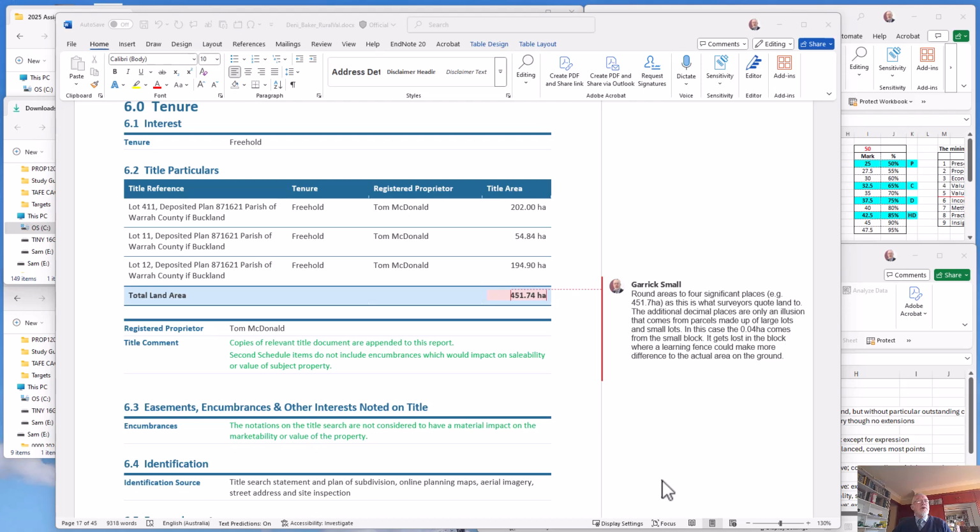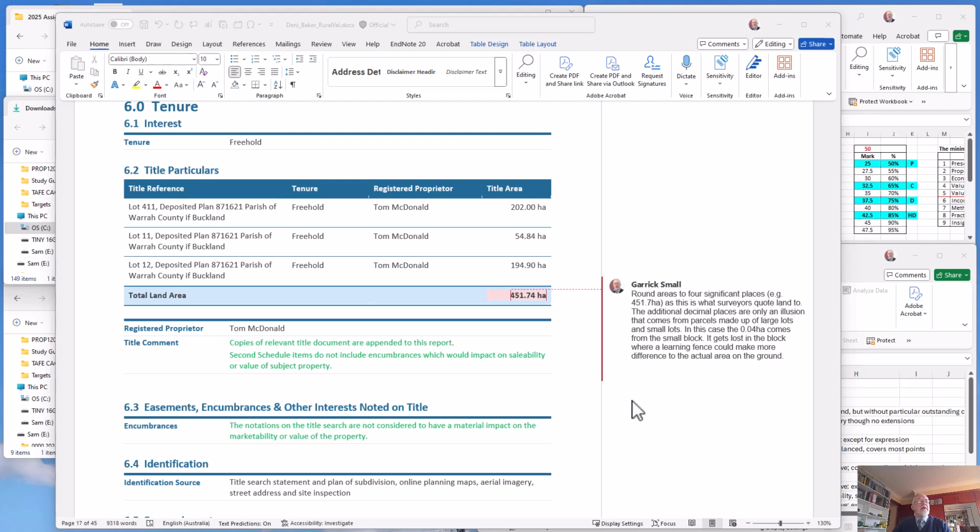And they also measure the area. And so the areas that we have come from surveyors doing their cadastral plans, deposited plans in New South Wales, registered plans in Queensland, and different names in other states. But they're the plans that give us our actual definitions of the land that we own in our certificates of title. Okay, so far so good.